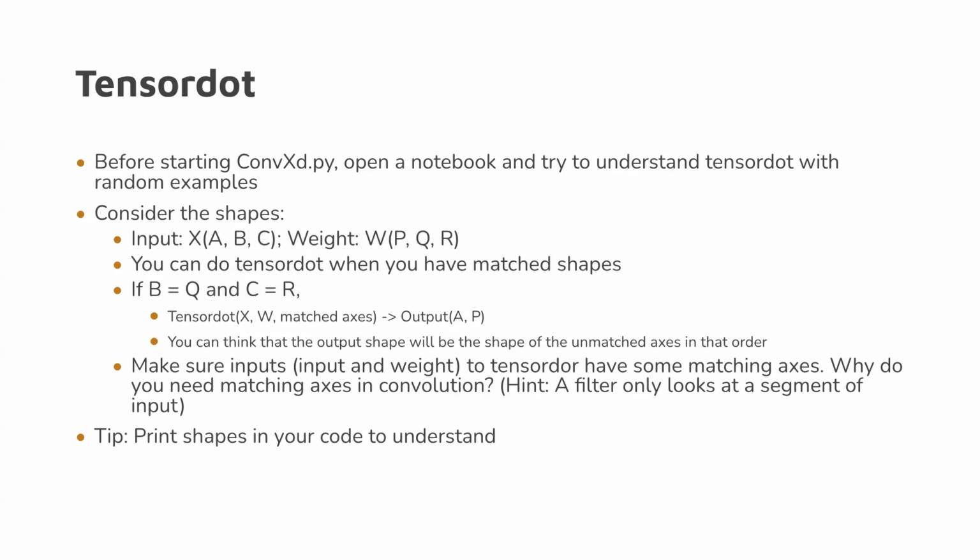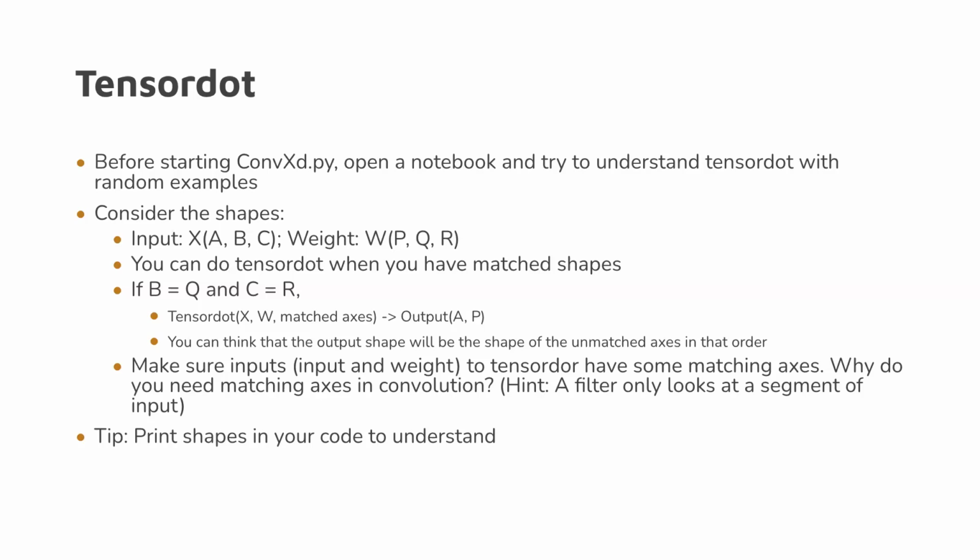We slide the filter from left to right, iterating over each index of the input. We place the filter and then use the tensordot operation. Whatever element-wise multiplication and summation you are performing, you replace with the tensordot operation, and you continue this till the end of the dimension.